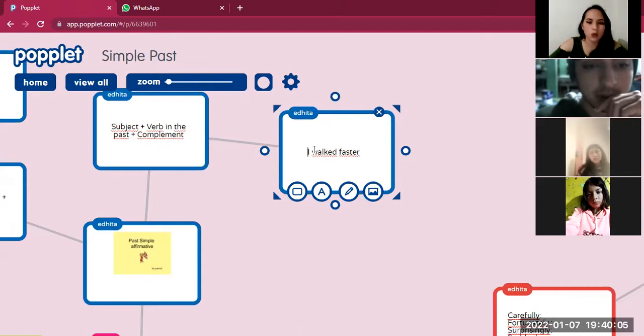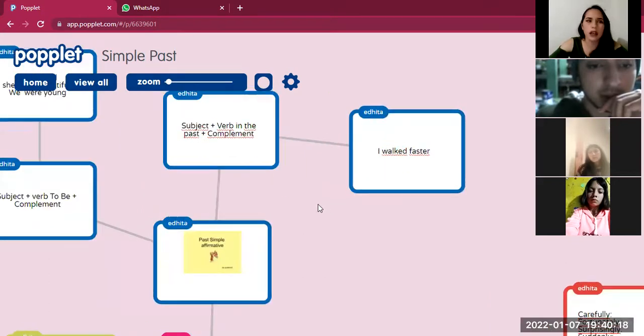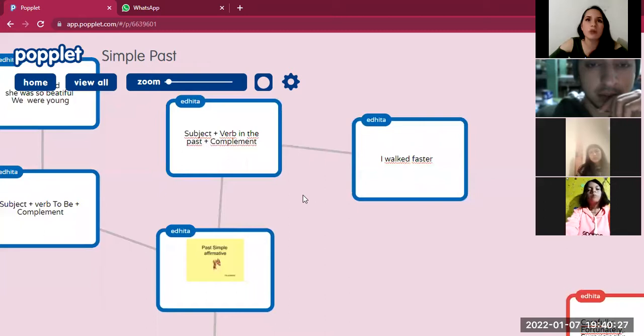As you can see, we have the subject plus a verb in the past, walked, plus complement. We can say, for example, I got afraid. It's another example. For example, I bought many flowers. It is an action that happened in the past.